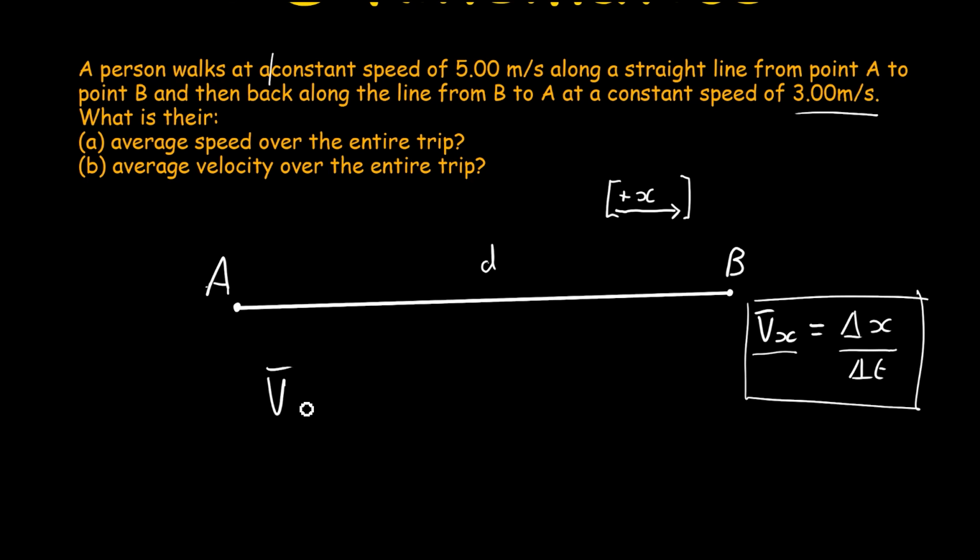Our average velocity is equal to our final position, which is A, and let's assume A is at 0, minus our initial position, which is also A, so minus 0, and we divide that by the time. We don't know the time, but that doesn't matter because we have a 0 in the numerator. So we've got a value of 0 meters per second.